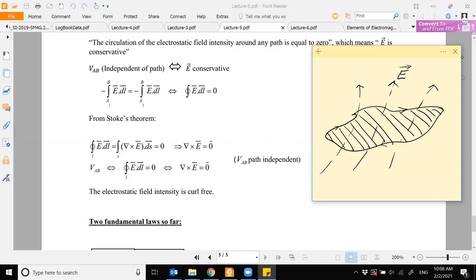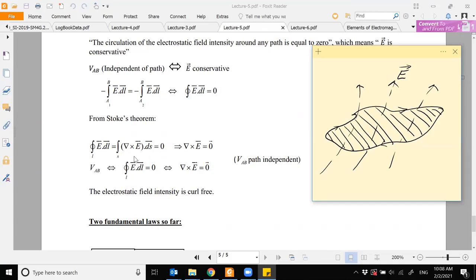Because this was my closed path, the area enclosed by it is this area. So if you take the curl of the electric field and integrate over the surface, it will be the same. This is your Stokes theorem. And if you apply that Stokes theorem here, then the integral of del cross E bar dot ds over the surface is equal to 0.